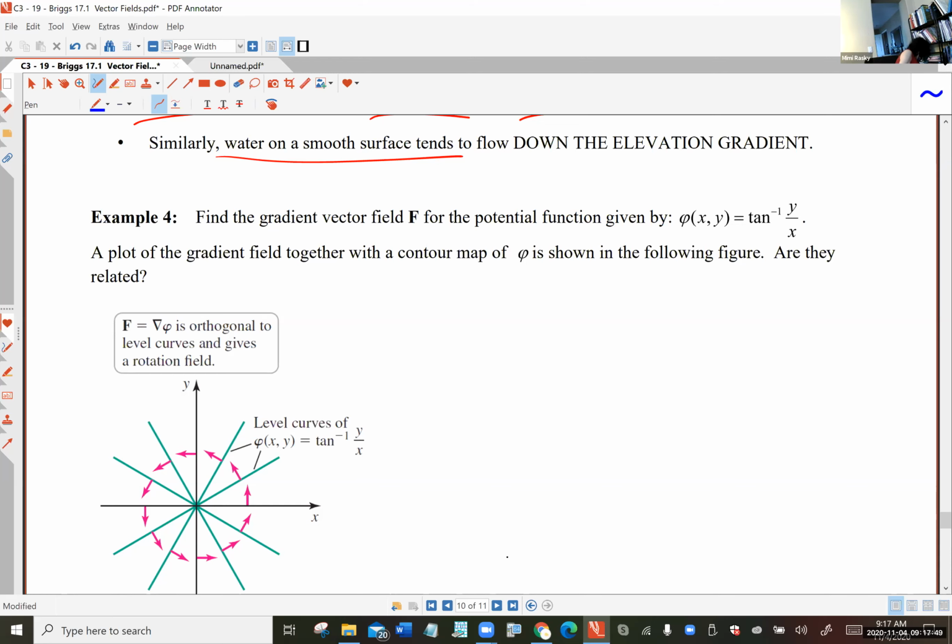Another one that's pretty good, that's really hard, is John Rogawski. It's a good one, but it's kind of technical, which is why we don't use it. Briggs is somewhat watered down, so that's why we use it, because it's not too hard to understand. But when it comes to multivariable calculus, it sucks.